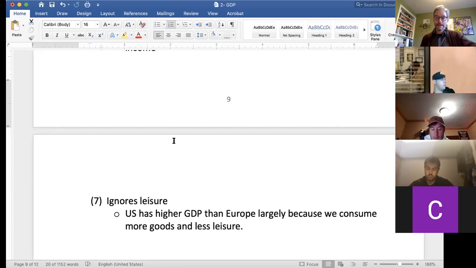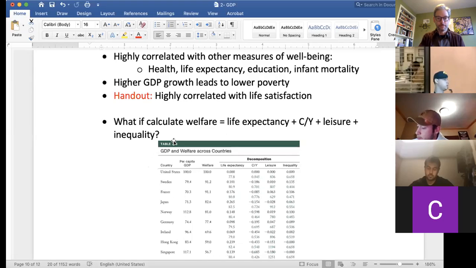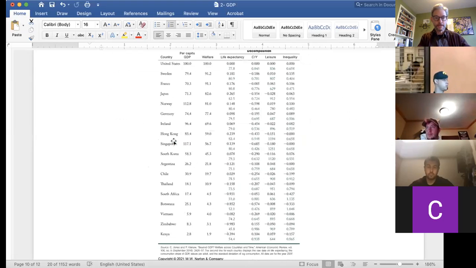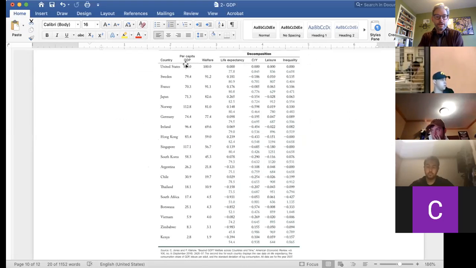One thing, though, that we can take comfort from GDP is that it is highly correlated with other measures of well-being. So whether you use well-being as health or life expectancy or infant mortality or education rates, GDP is highly correlated with all of those things, right? And so here's a table from your book that actually looks at per capita GDP in the United States.